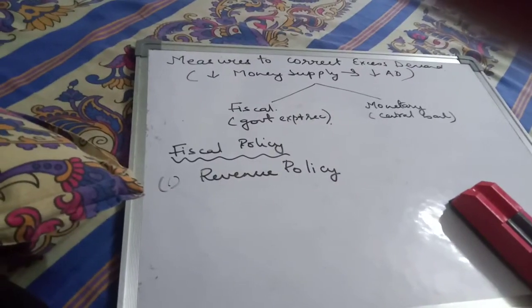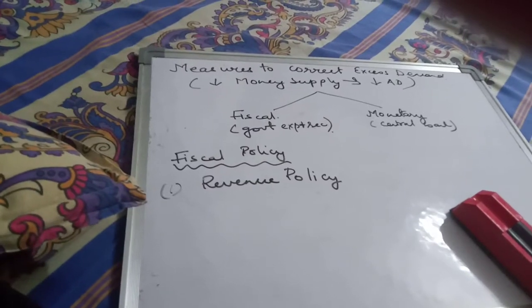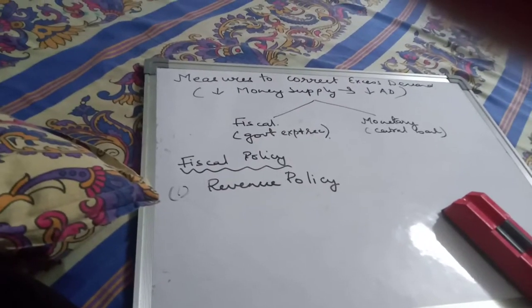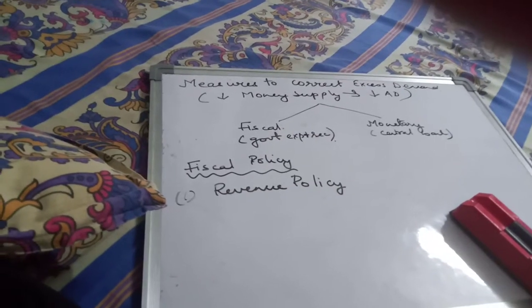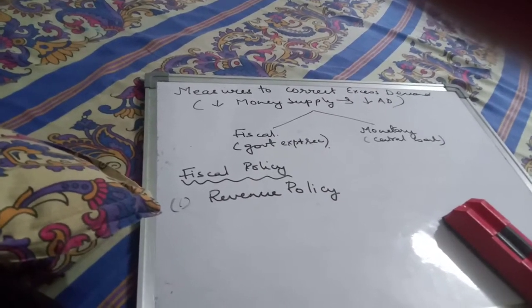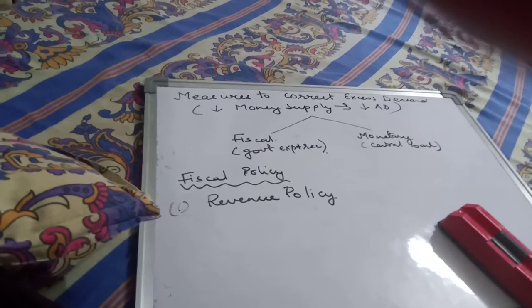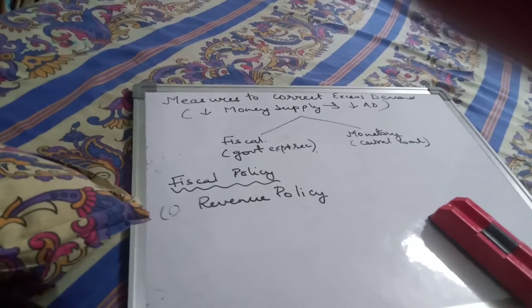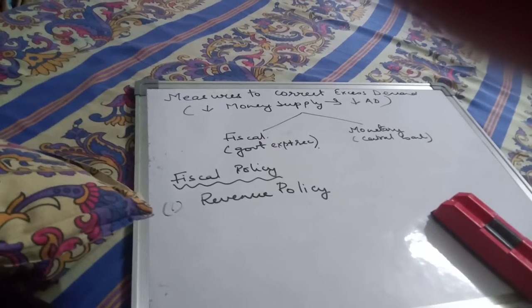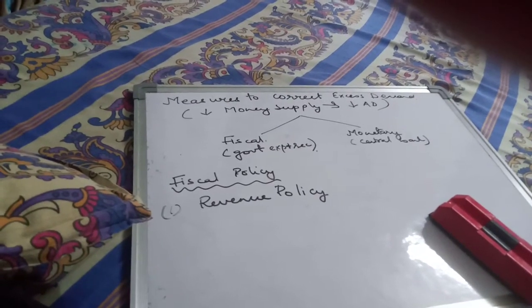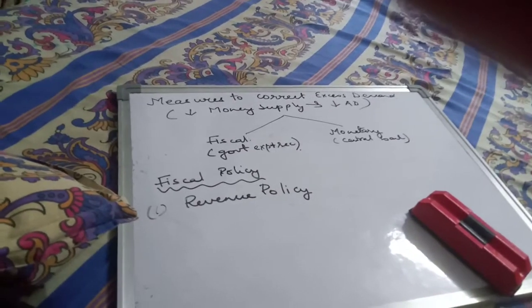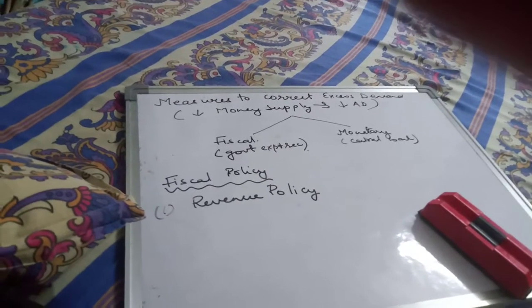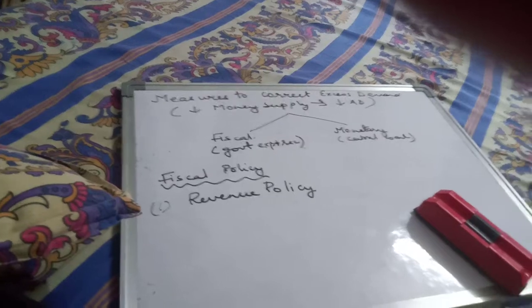During excess demand or inflation, the government should raise taxes of all kinds. Why? Because tax withdraws the purchasing capacity of people. As their ability to buy reduces, the aggregate demand also reduces, and hence effective demand falls, and that is what we want.